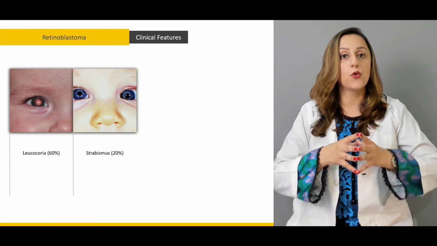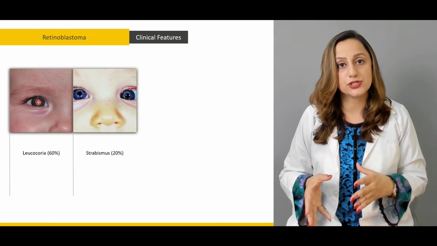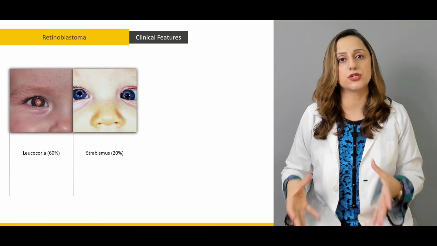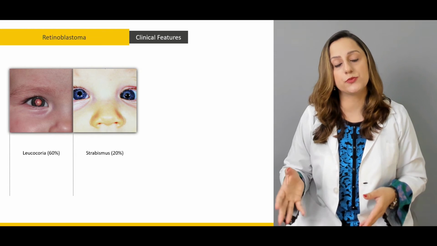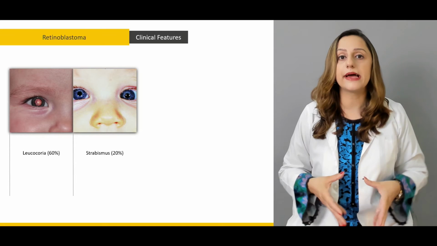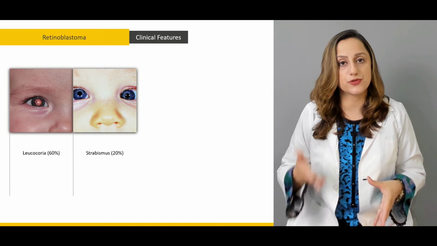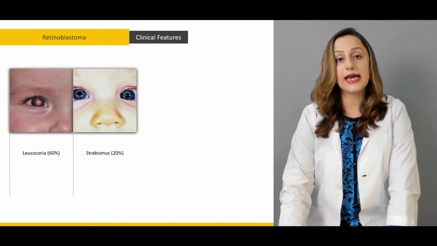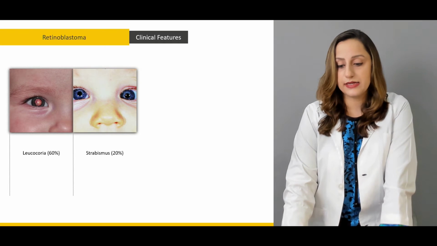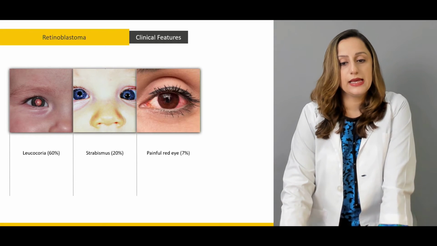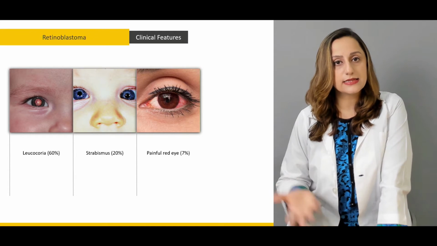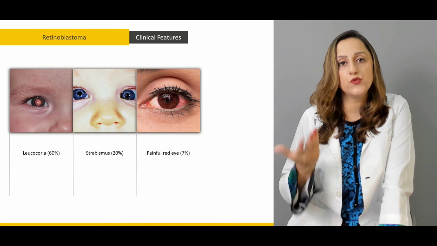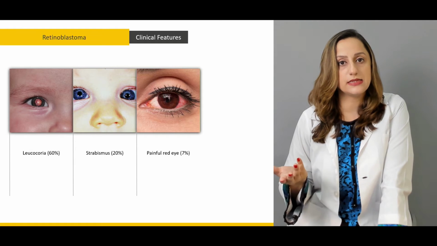So there is no coordinated eye movement in these patients, and only 20% of the patients who suffer from strabismus have retinoblastoma as the underlying cause. So it can be one of the clinical presentations as well. Along with strabismus, we have nystagmus, which is again the rapid eye movements that are sometimes seen in these patients.